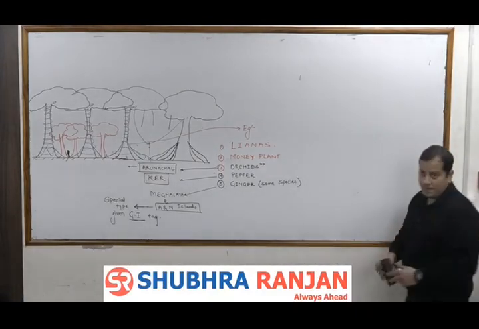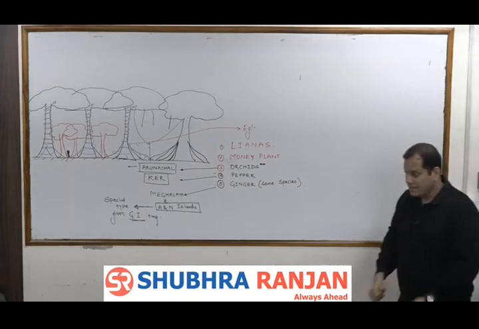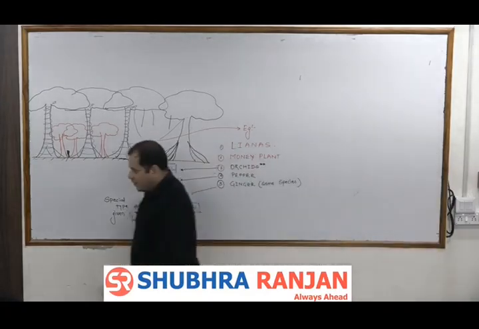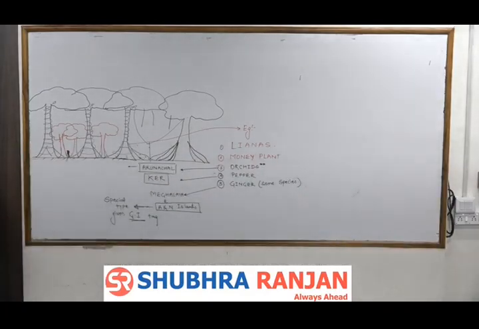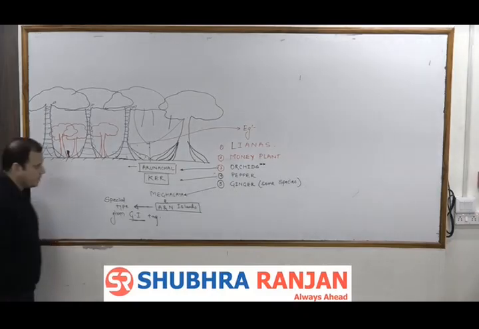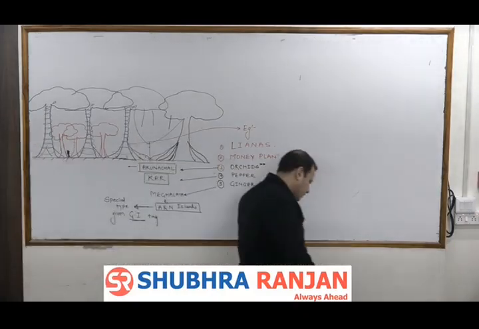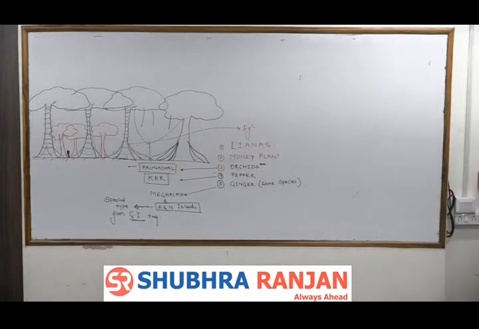Next point in this, the tropical evergreen forest. The tropical evergreen forest has hardwood trees, softwood and hardwood, hardwood trees. And the density is extremely high.